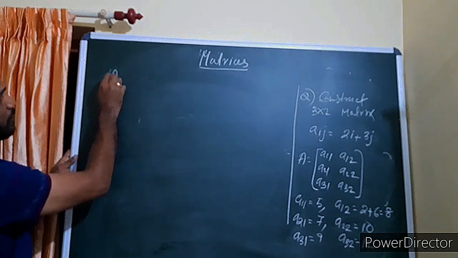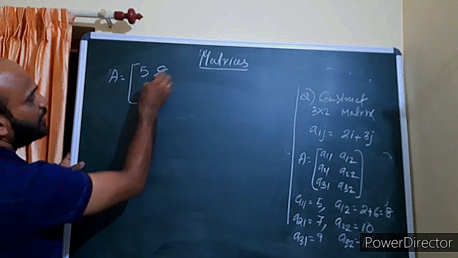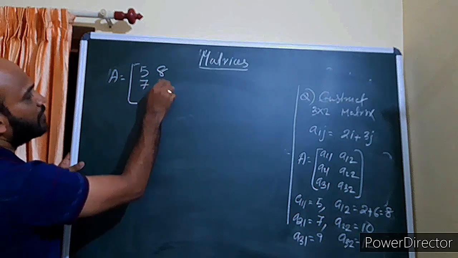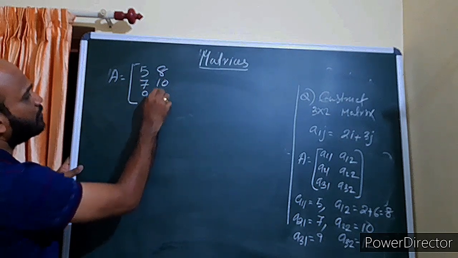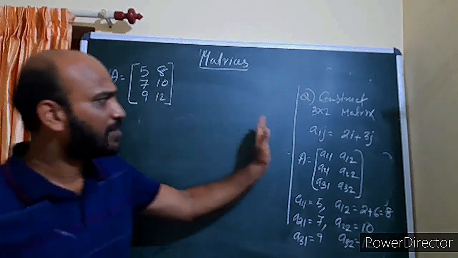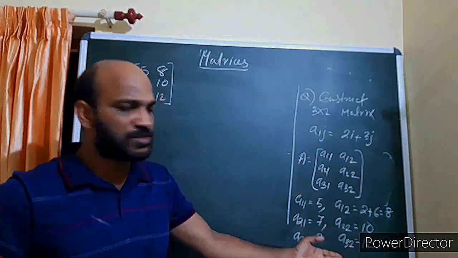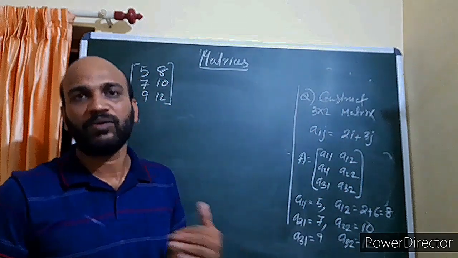A equal to matrix 5, 8, 7, 10, 9, 12. The question is, construct a 3x2 matrix whose elements are given like this. You can expect a question like this for 1 mark or 2 marks.